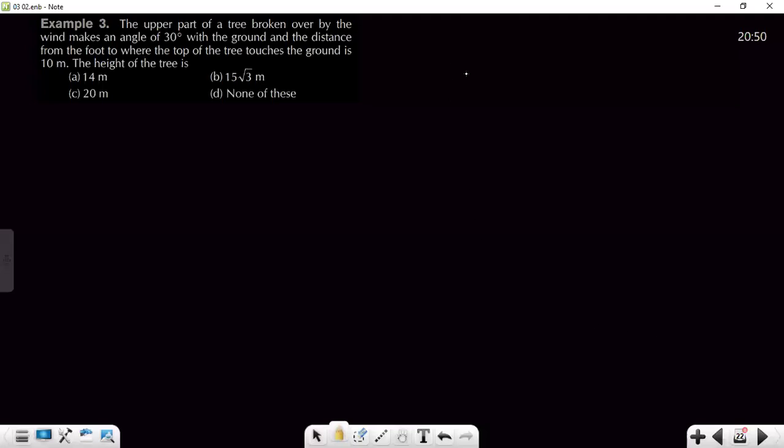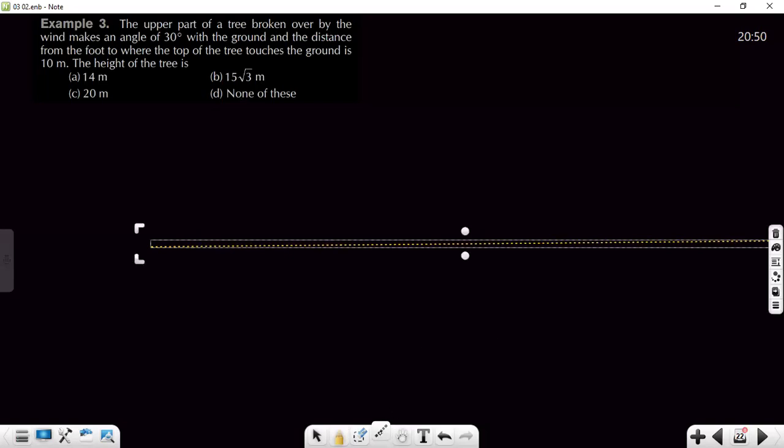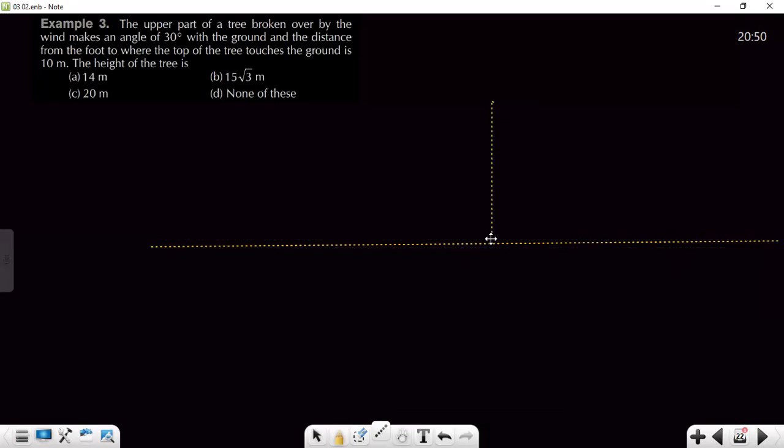Next question. The upper part of a tree broken over by the wind makes an angle of 30 degrees with the ground. Okay, so there is a ground and there was a tree standing which broke down. Let's say this was the original height of the tree.